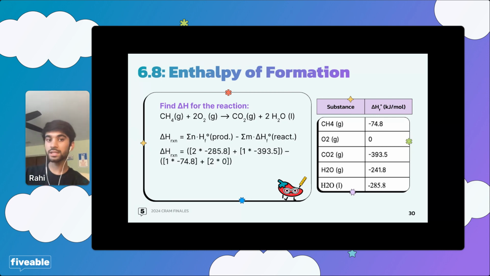So in this case, what substances on the product side do you have? You have H2O, and what else? You have CO2, right? How many H2Os do we have for every one instance of the reaction occurring? We have 2 moles of H2O in this particular reaction.